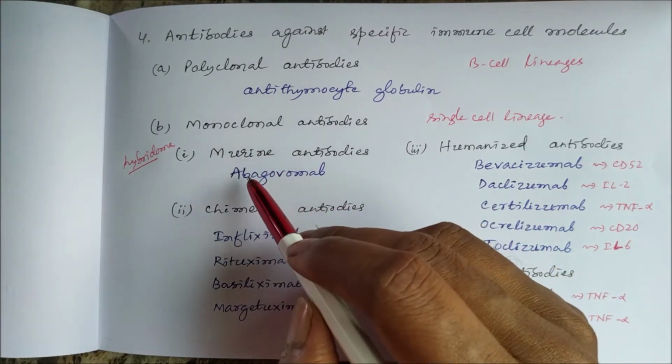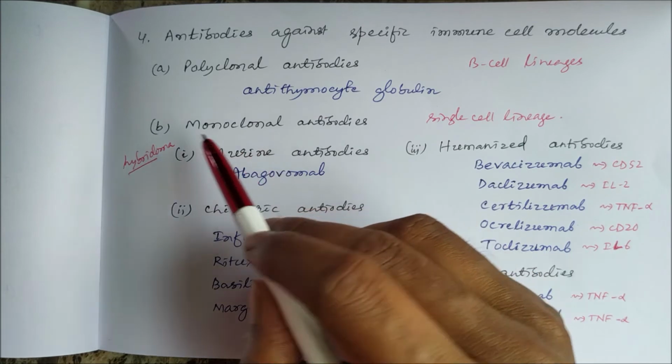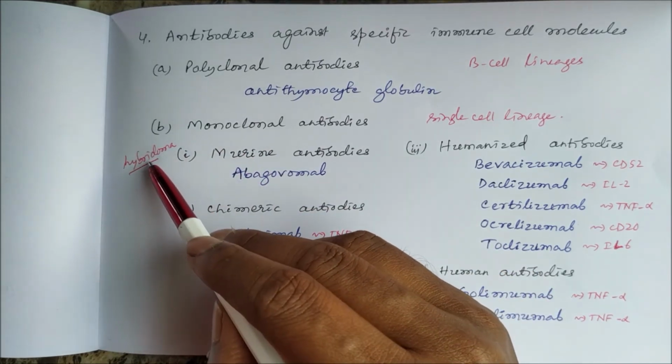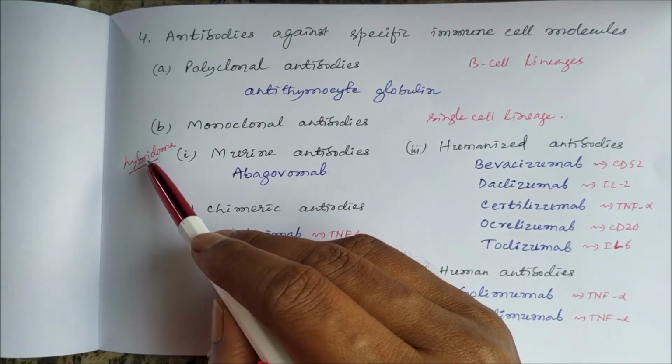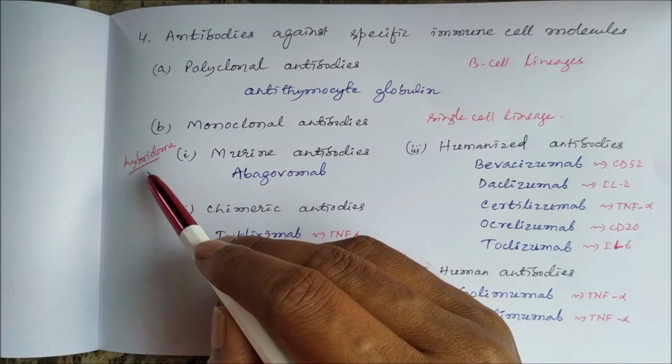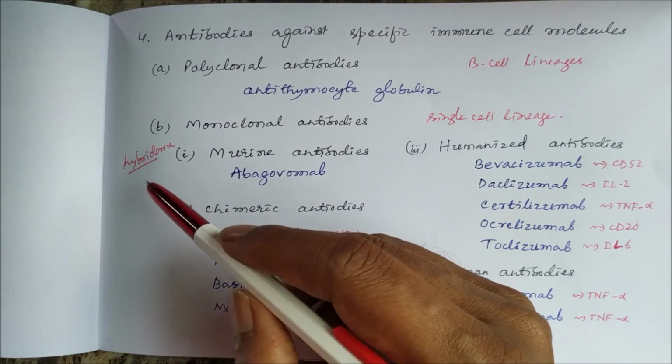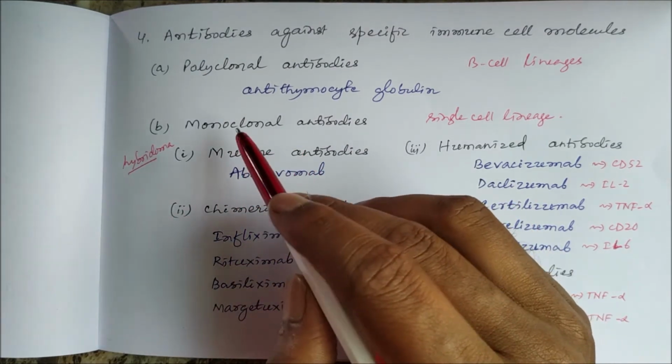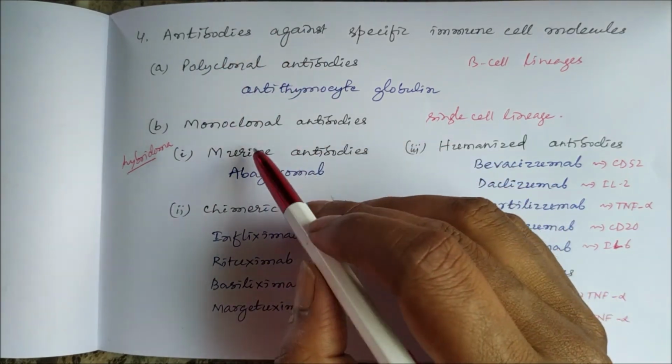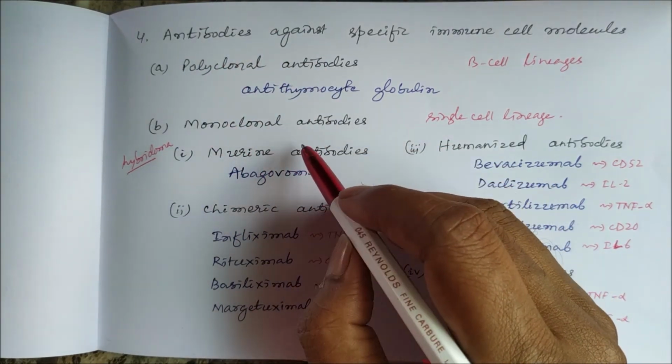A specific clone number is assigned to each hybridoma cell line, so that a particular antibody and the specific epitope to which it binds can be identified. Mainly when we say antibody therapy, these monoclonal antibodies are used.